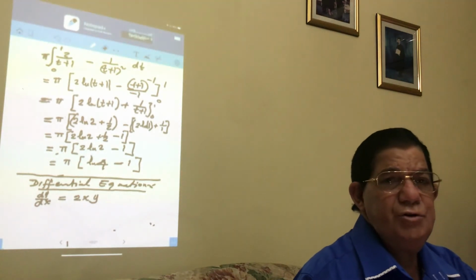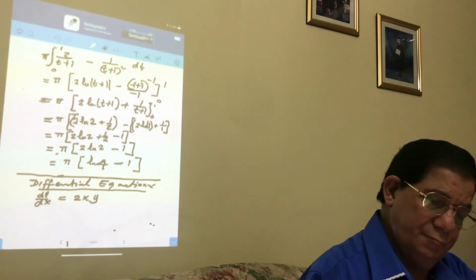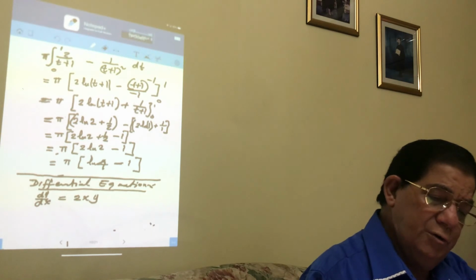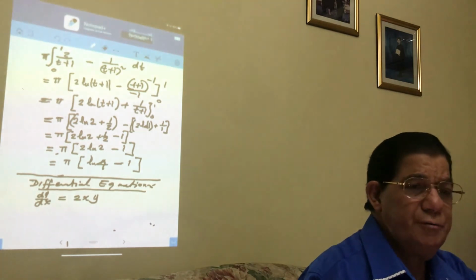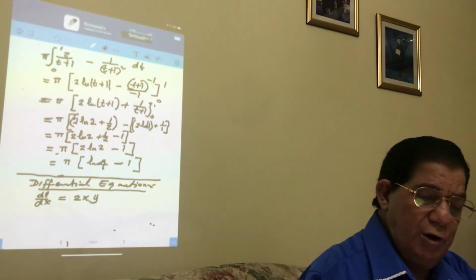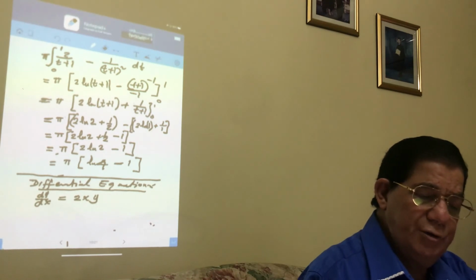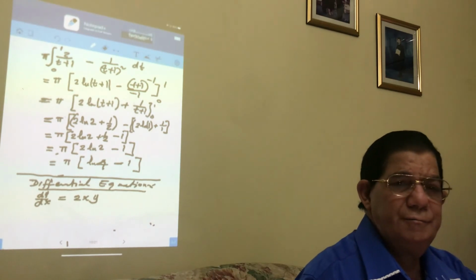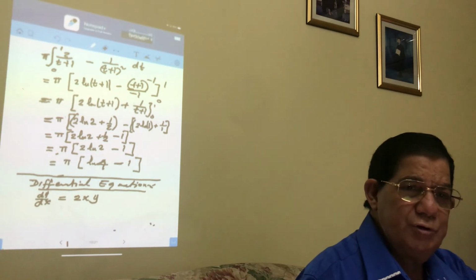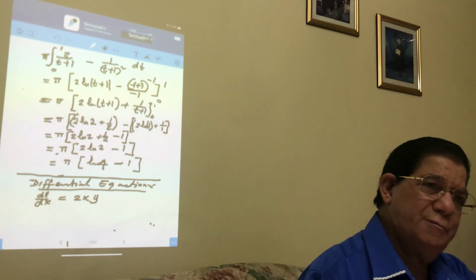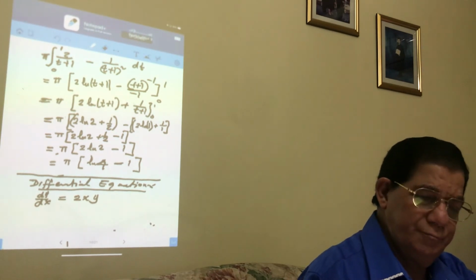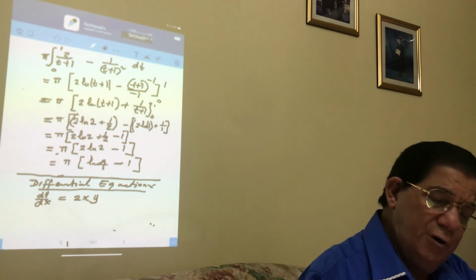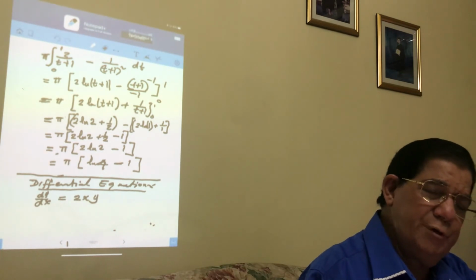This is a differential equation because this side contains differentiation. We cannot say y equal the integration of 2xy. Why? Because how do we integrate 2xy when y is unknown? Therefore, there are certain steps to be done.